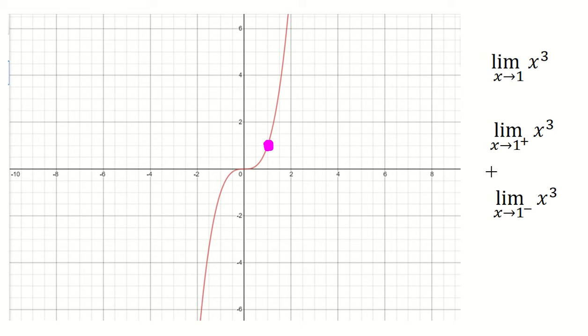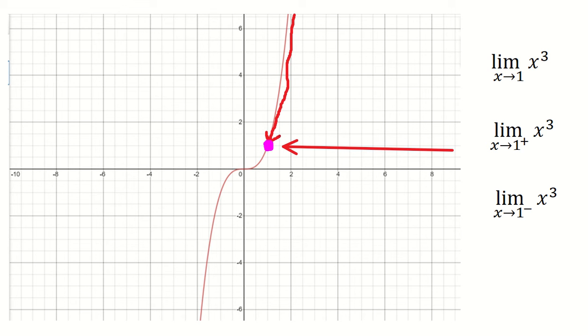To look at the limit as x approaches 1 from the right, you start on the right side of the graph and move to the left until you reach x equals 1. We're going to start up here and move to the left until we get to x equals 1. And right here, we stop.